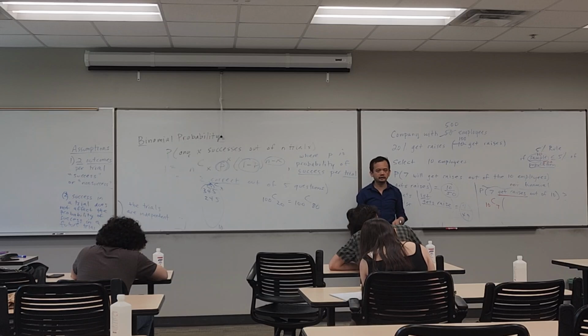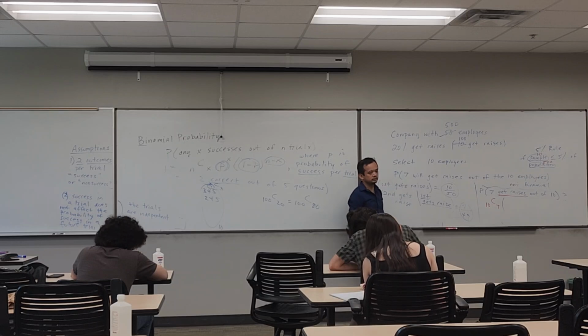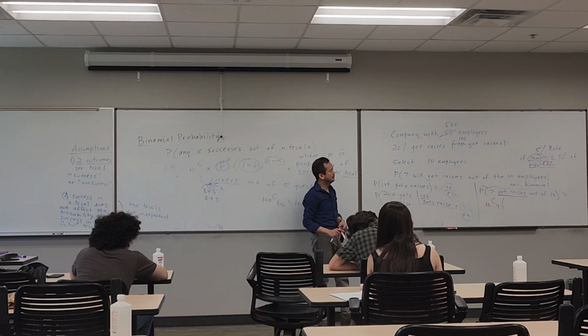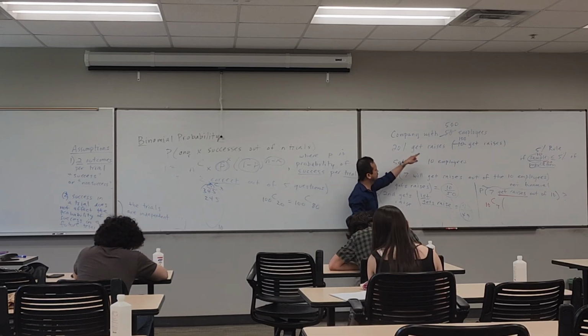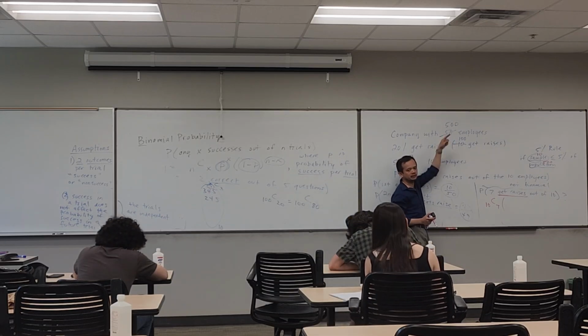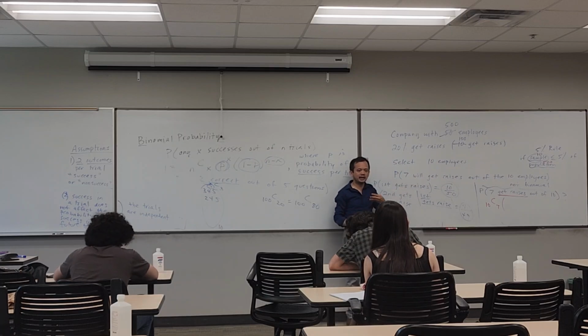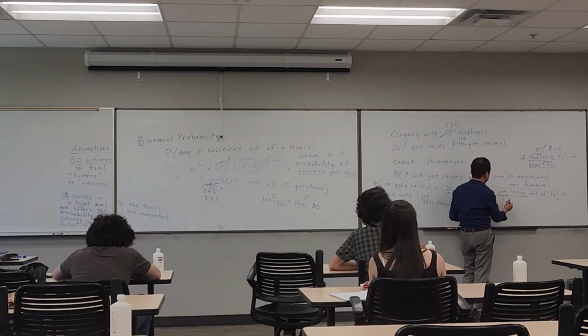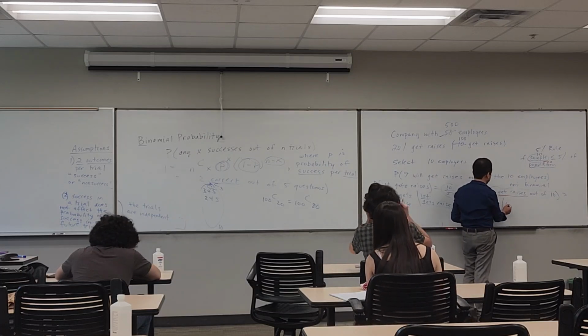So what's the probability of getting a raise? 1/5. Yeah, either you can say 20% or you can say 100 out of 500, same thing, but we're assuming now that that probability stays fixed throughout all the employees. So let's say 0.2.